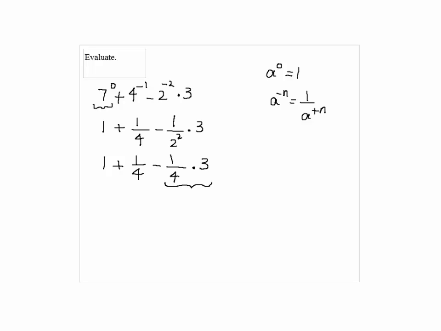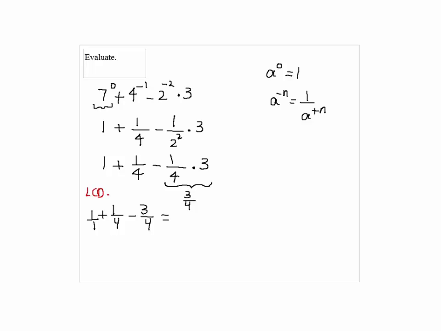We look for multiplication and division, which is the first multiplication is here. So this would be minus 1/4 times 3, which is equal to 3/4. So we have 1 plus 1/4 minus 3/4.